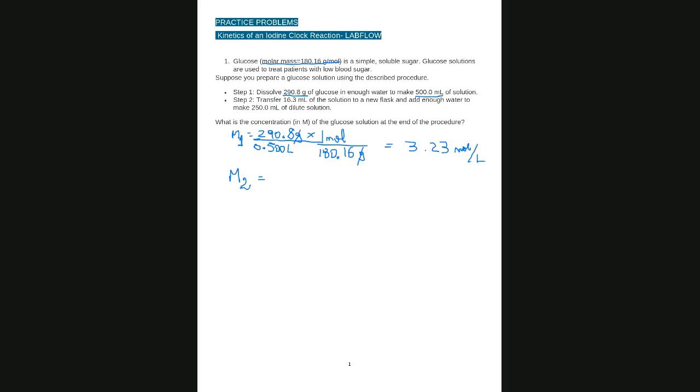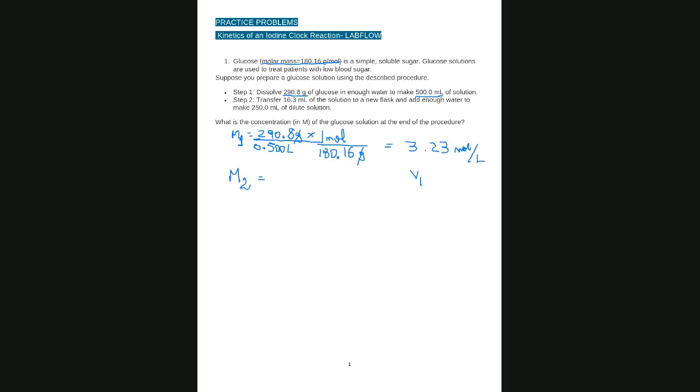Now, once we have the molarity of step 1, what do they do in step 2? They say transfer 16.3 ml of solution to a new flask and add enough water to make 250 ml. That's clearly a dilution. We take some volume and dilute it. So what is the equation for a dilution?